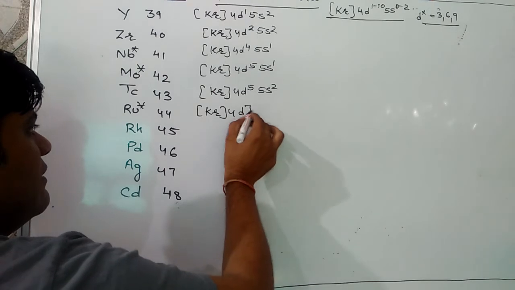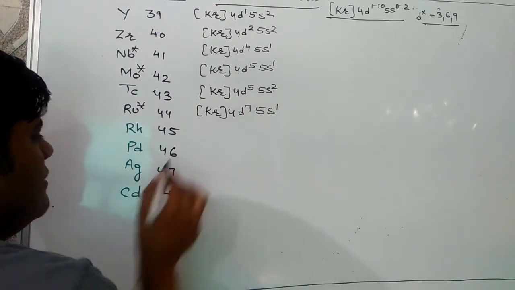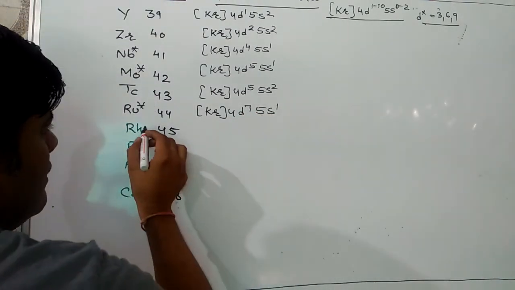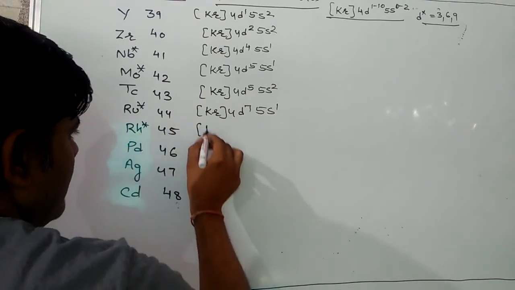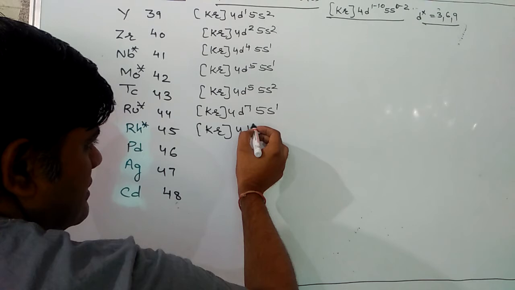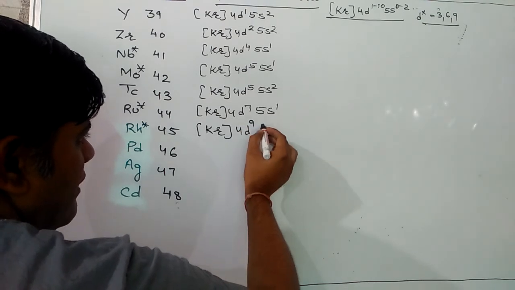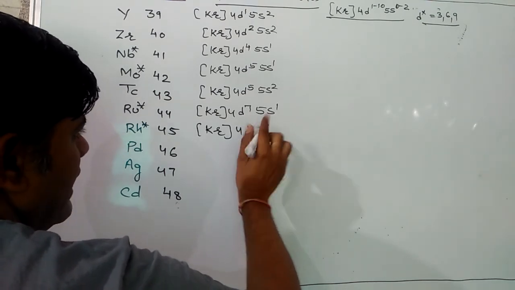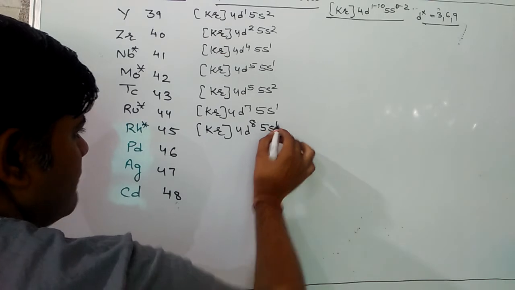For ruthenium it will be exceptional, krypton 4d7 5s1. Rhodium will be exceptional, krypton 4d8 5s1.